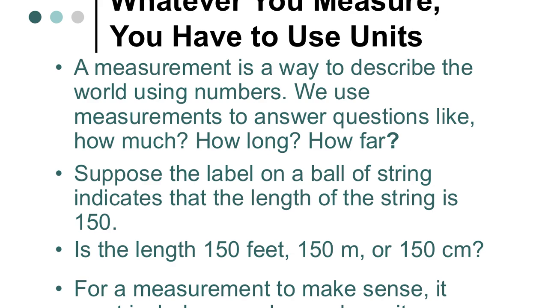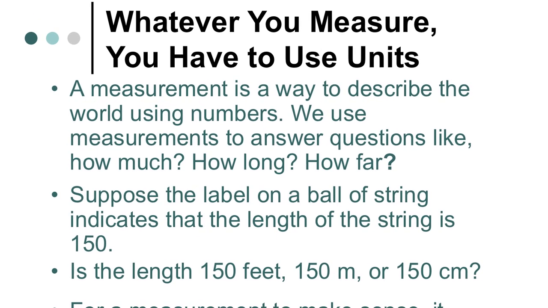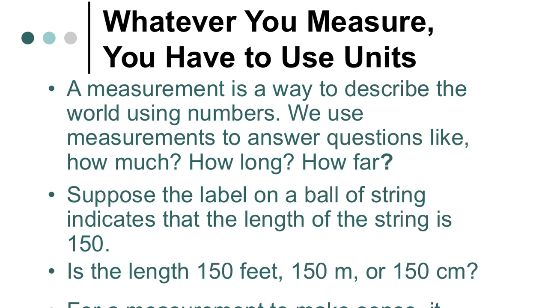We talked about scientific method, we talked about measurements. Quantitative measurements require a number. For example, you don't just measure something and give a number. For example, if you say the length of a string is 150, that's meaningless. 150 what?